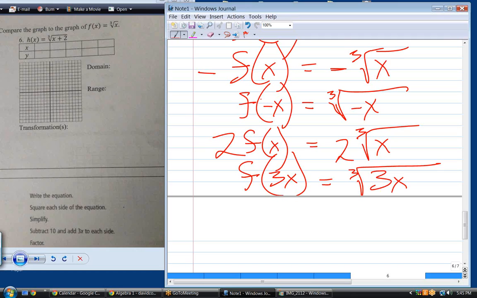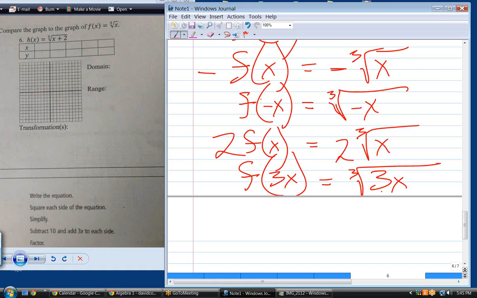We haven't done one of these yet. So I'll just tell you, that is a horizontal scrunch. Okay. And the difference is that when you're talking horizontal stretches or scrunches, if this number is greater than 1, it's a scrunch. If it's between 0 and 1, it's a stretch.